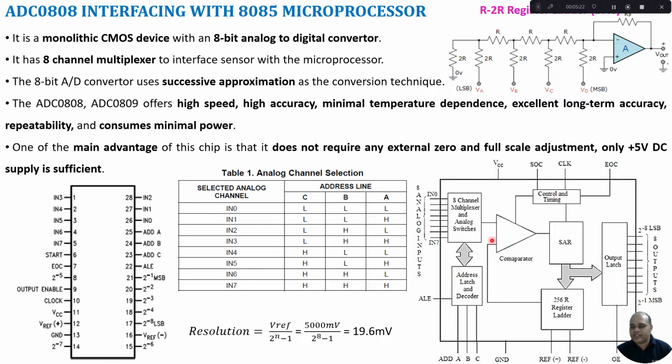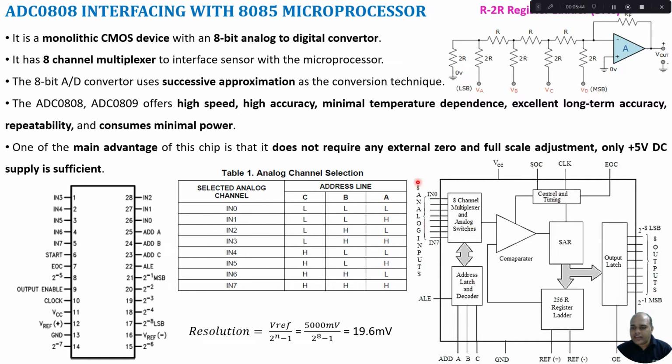If the input from the sensor matches with this DAC output, the R2R ladder output, then that is the corresponding bit pattern for the input voltage. Then that bit pattern can come as an output from this ADC IC.